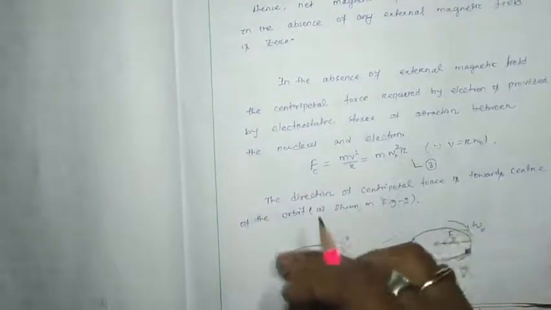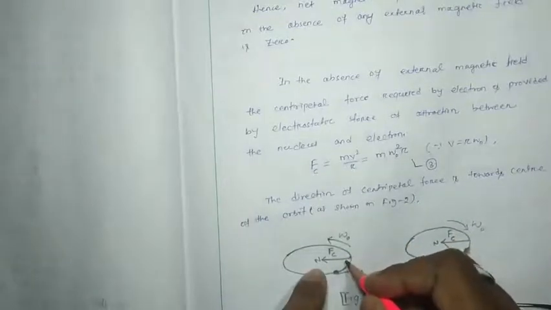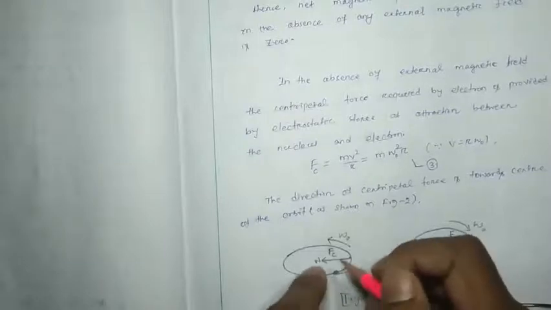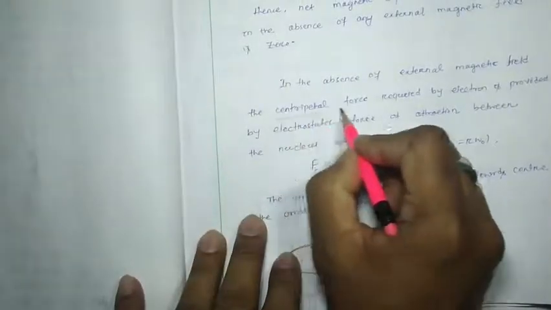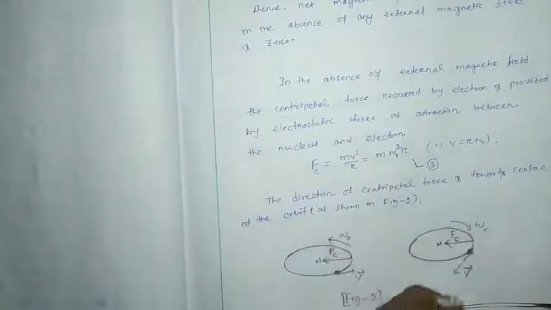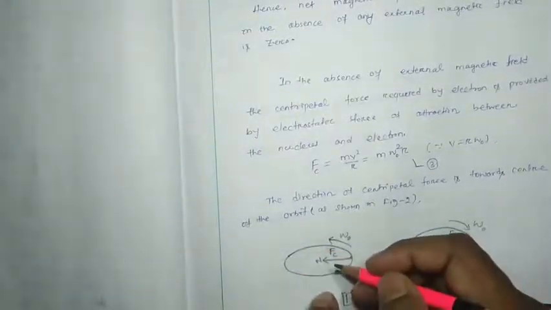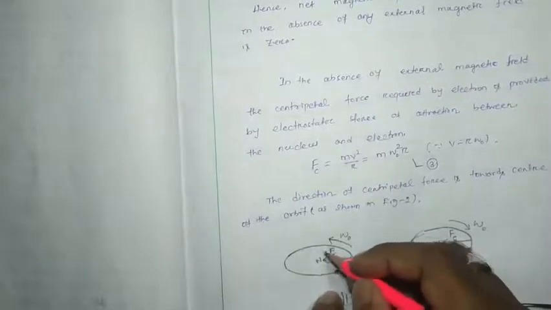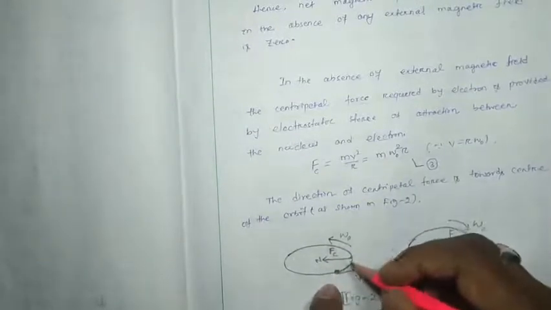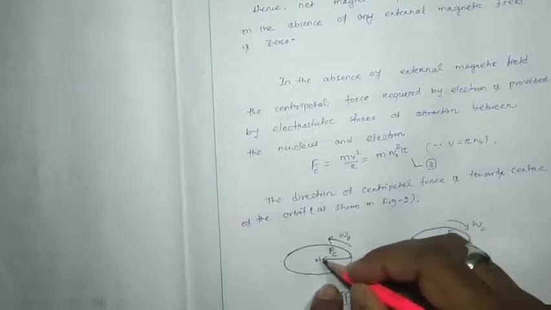Circular way means there will be a centripetal force present, due to which the electron is revolving in circular motion. Wherever there is circular motion, we can find the centripetal force, and the centripetal force will be towards the nucleus, right?